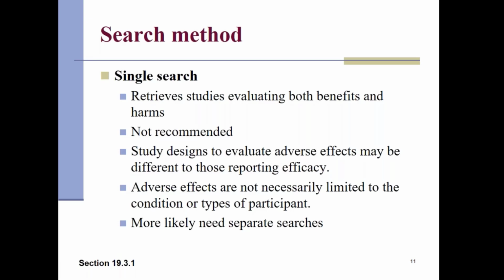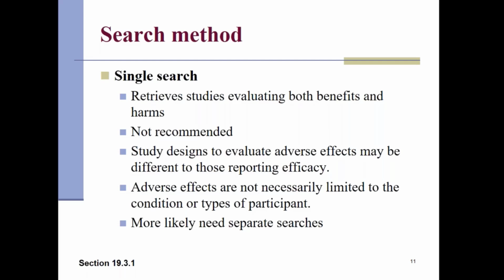The reason we often need two searches is because study designs to evaluate adverse effects may be different to those reporting efficacy. As I've already alluded to, RCTs are not necessarily the only study design that you would look for when searching for adverse effects, but they may be the only study design for efficacy.